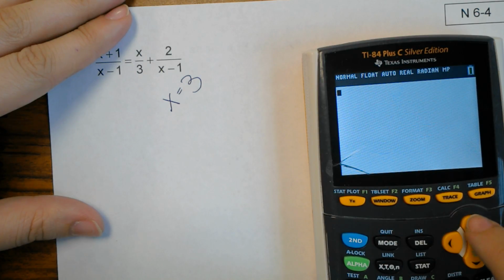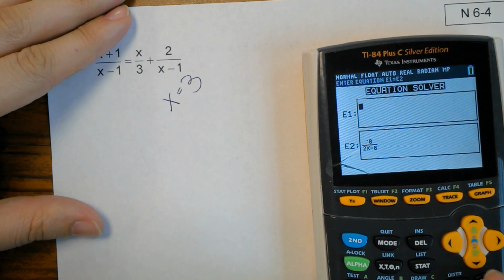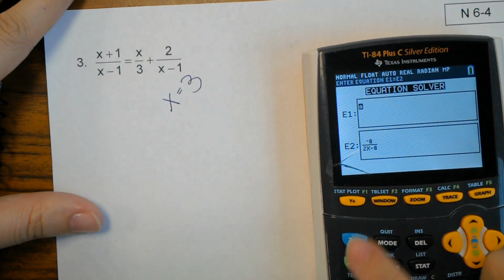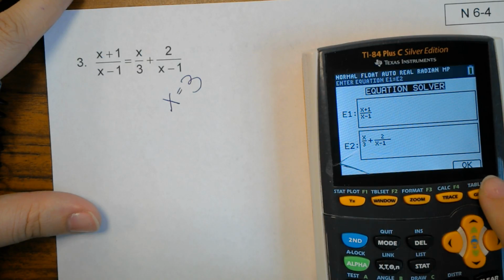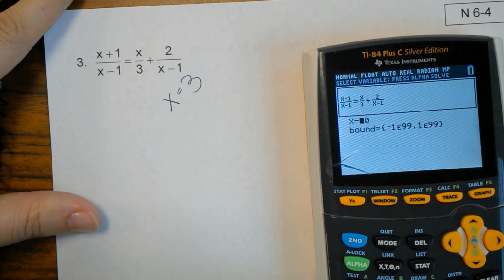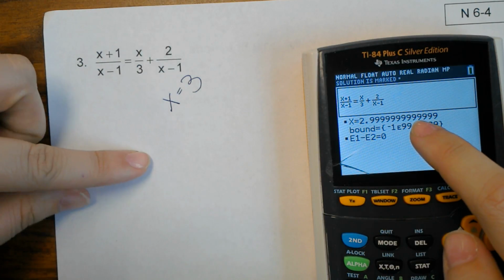So I'll do my solver. And again, it's a rounding error, so that would be 3.